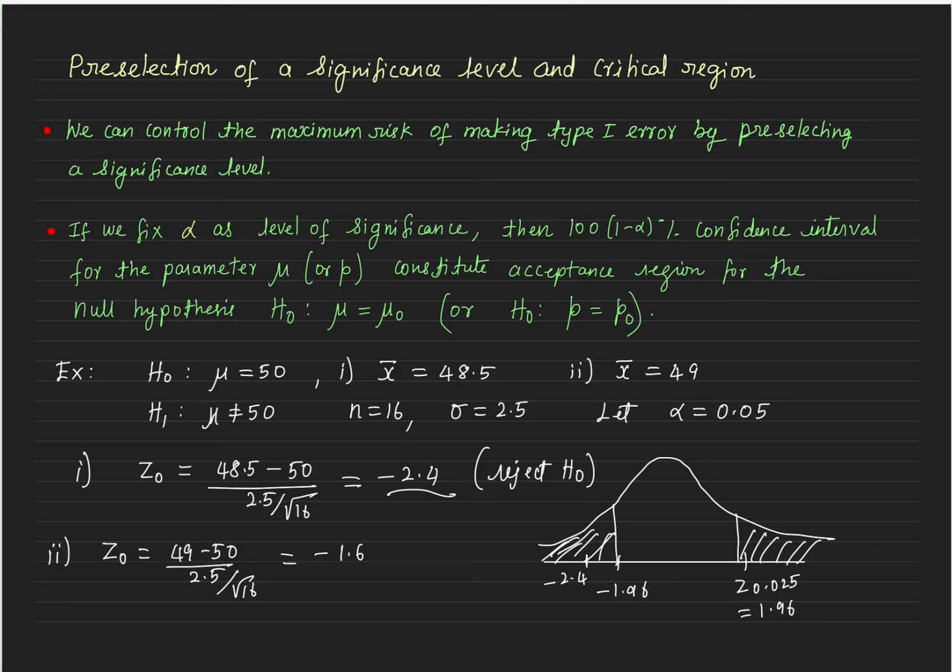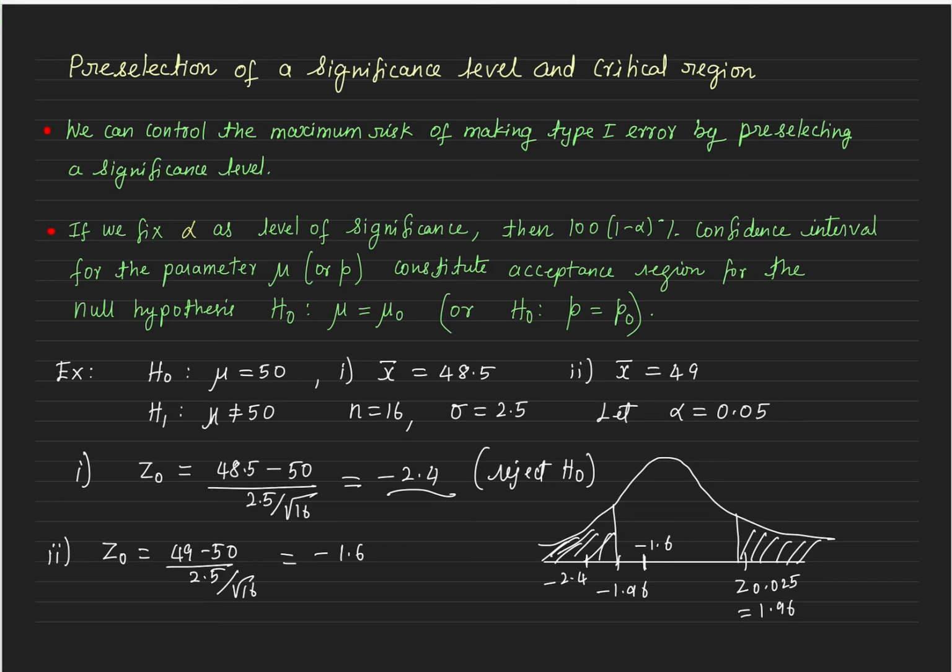And minus 1.6, where does it lie? Is this less than minus 1.96 or greater than? It is greater than, it lies somewhere here. This is minus 1.96, and this is minus 1.6. Minus 1.6 lies within the confidence interval, or I can say it is in the acceptance region.